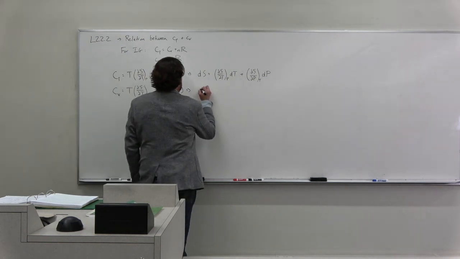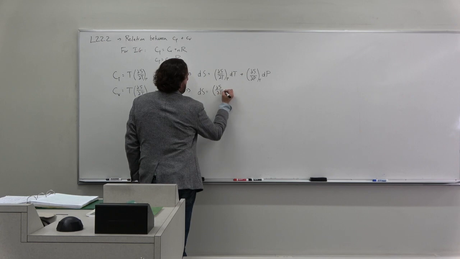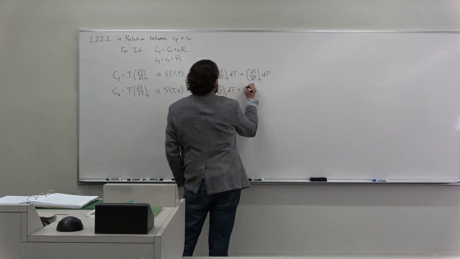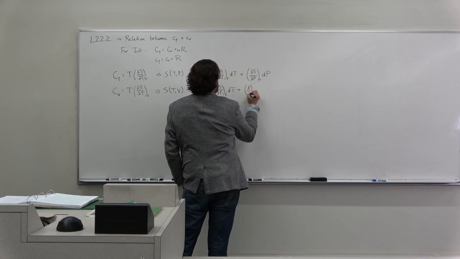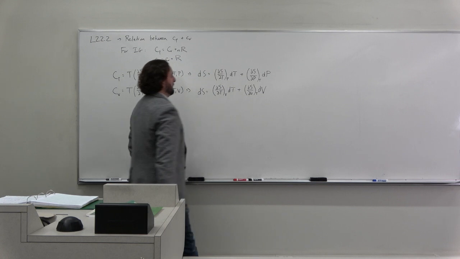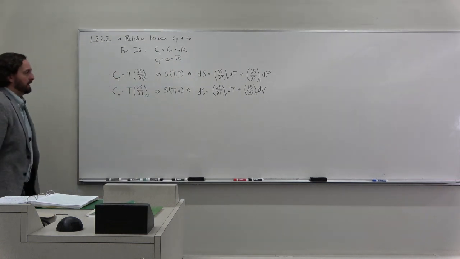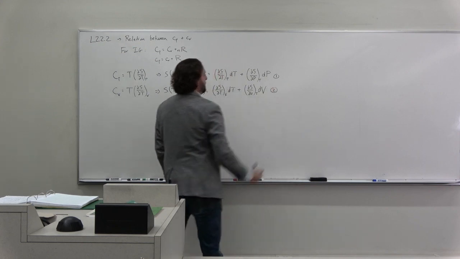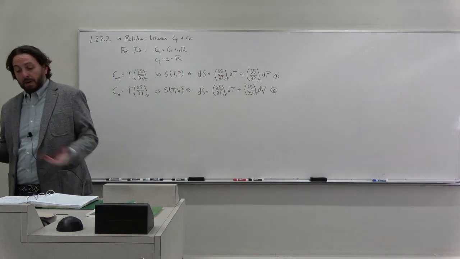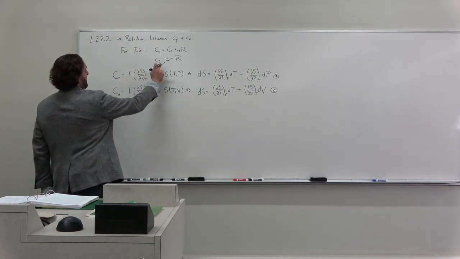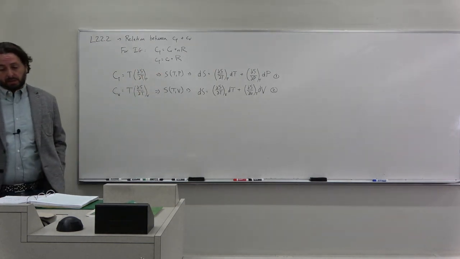And dS is partial S, partial T, constant V, dT, plus partial S, partial V, constant T, dV. Okay, so let's call this one equation 1 and this one equation 2. And we're going to find a way to combine those to understand the relationship between Cp and Cv.